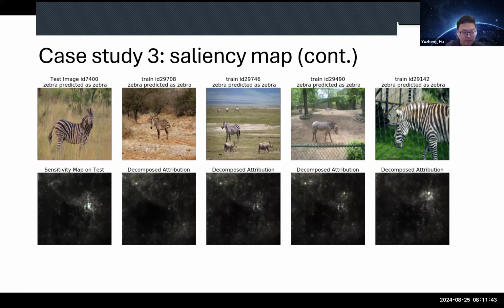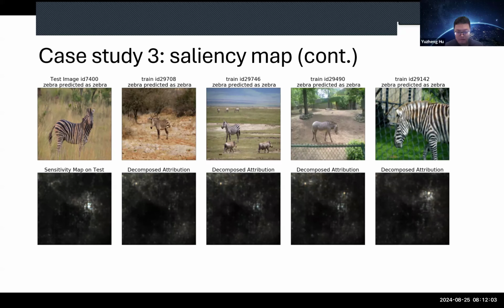For this particular figure, it means the head region, the head of the zebra. This is the most critical part for the model to make a prediction, meaning that if you slightly change the head area, the model will likely make a different prediction.